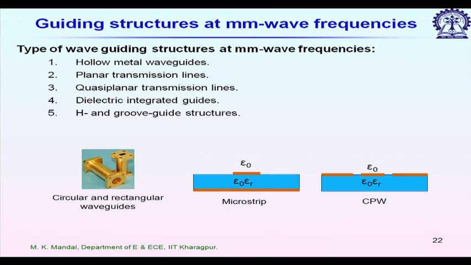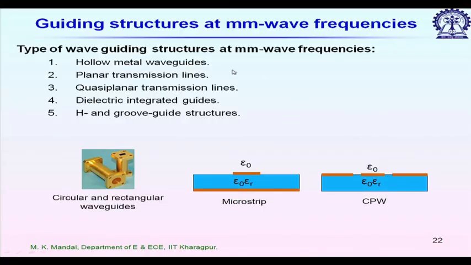For example, for the transmitter we have the source, then we will be having filters, couplers, and low noise amplifier, power amplifier. So, different components in a single system. So, we have to connect them. For this connection we need some wave guiding structures. Then what are the popular wave guiding structures those we use at millimeter wave frequencies? We learn these popular wave guiding structures in this class. Some of them are listed here.